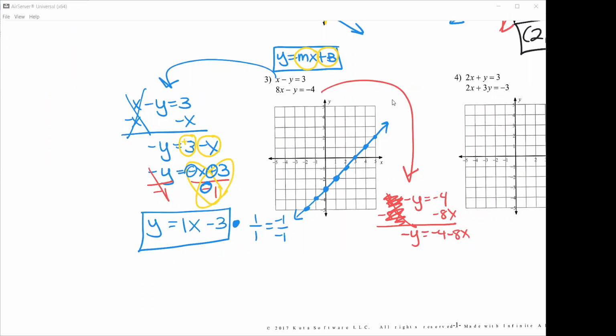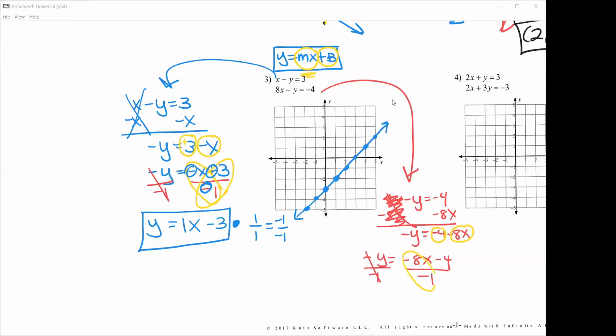Now, I'm going to go ahead and swap the order again so that I have this x first that I was talking about. So when I do that, that gives me -y equals -8x minus 4. But I want to get rid of the negative because I don't want it to be -y, I just want it to be y. So I'm going to divide by -1 on both sides.